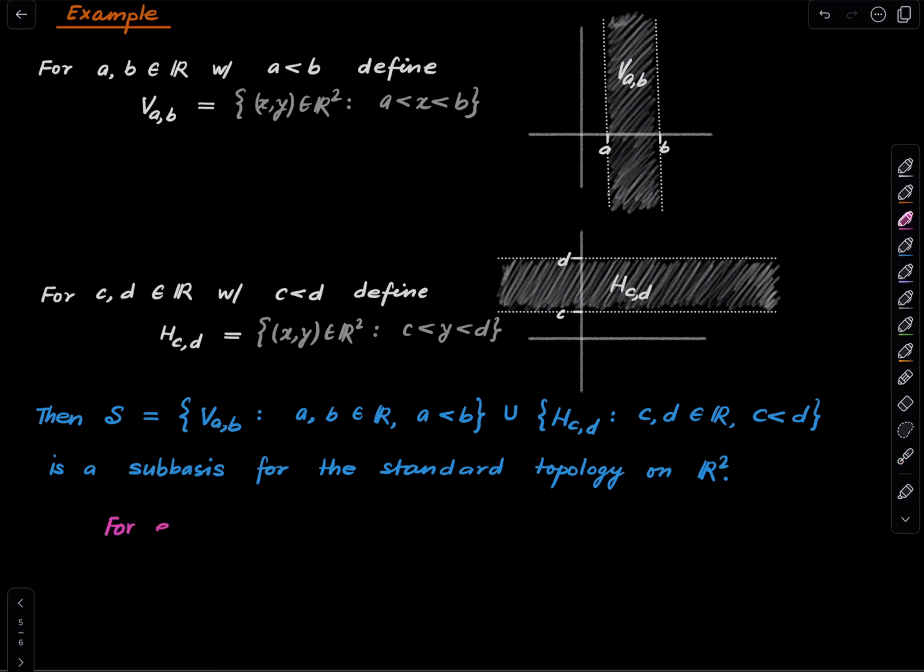For each x in R2 and r greater than 0, we have that the infinity ball with center x and radius r is there in script S. Not in script S, but in the topology generated by script S.